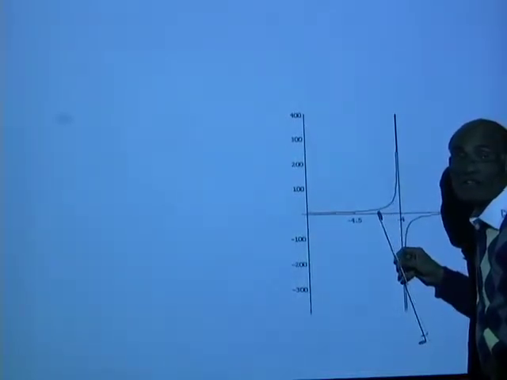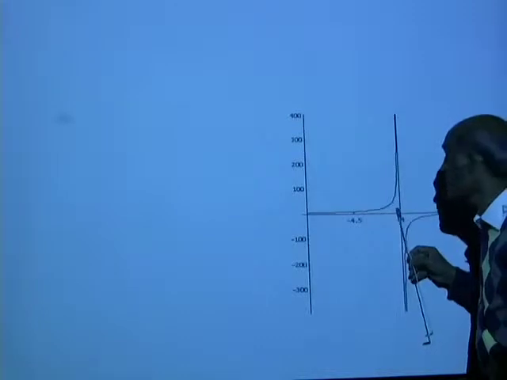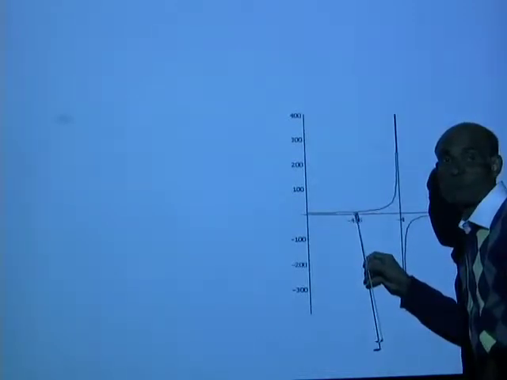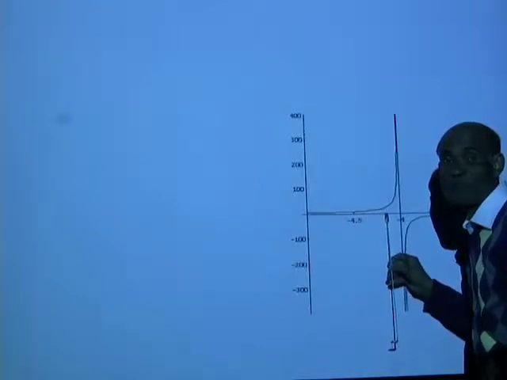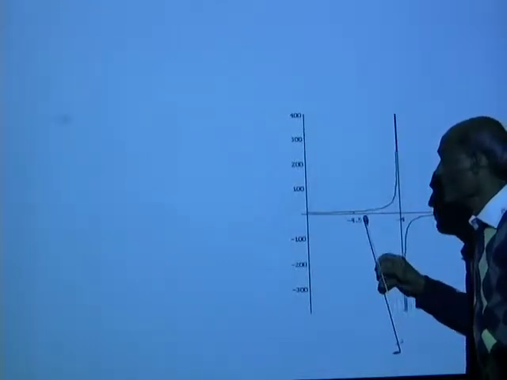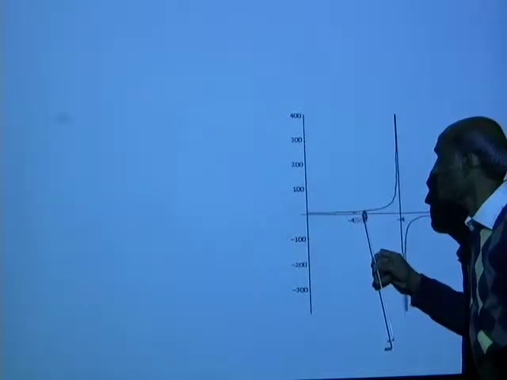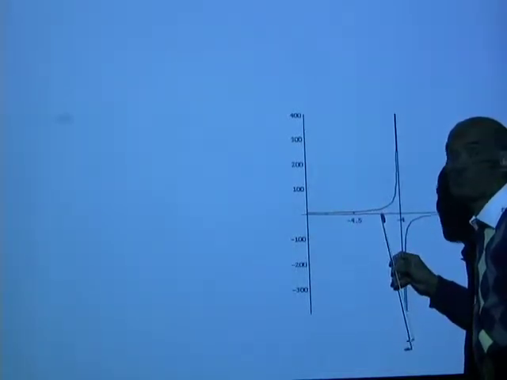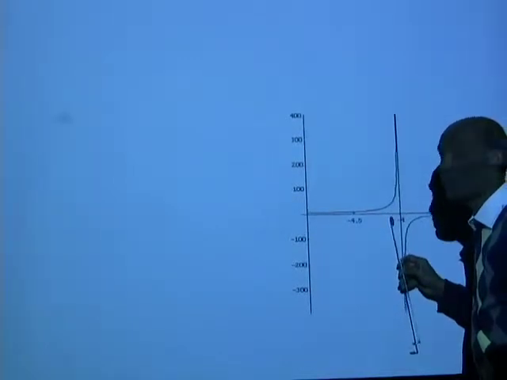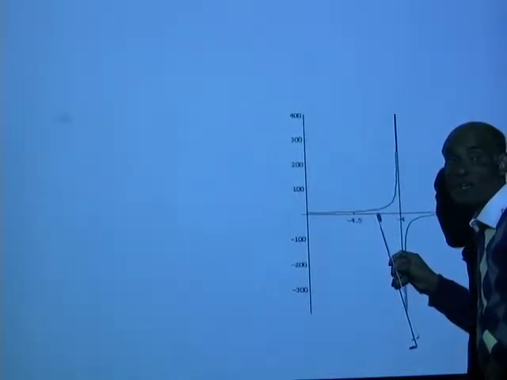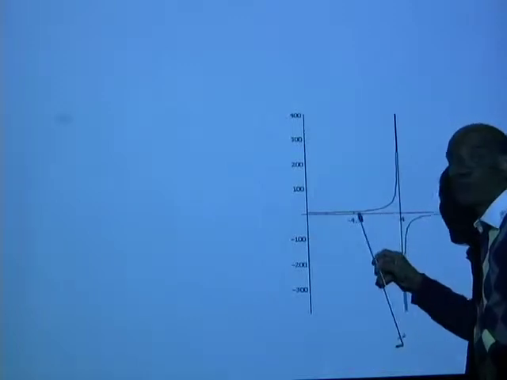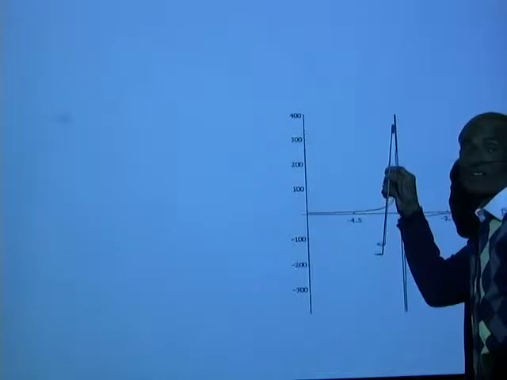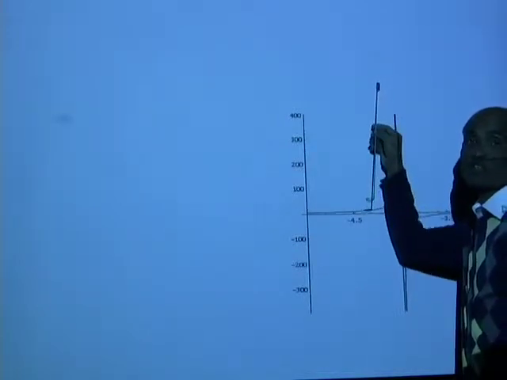And as x gets closer and closer to -4, look at the language I'm going to use. X is approaching -4 from the left. Can you see that? X is approaching -4 from -4.5, -4.4, -4.3, -4.2, -4.1. As x gets closer and closer to -4 from the left, where is the function output going? It's going towards positive infinity.